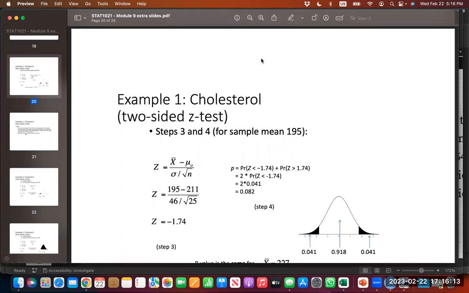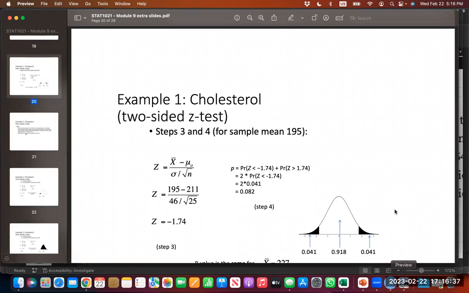Again, that's the variability of the distribution of the sample means. Arithmetically, this is 195 minus 211, which is minus 16. So we know from that already it's a negative z-score. We're dividing this by our standard error of the mean. That gives us a z of minus 1.74.